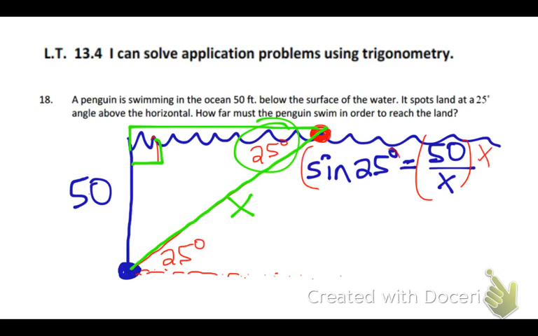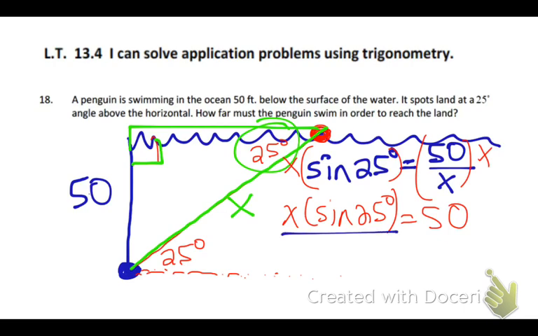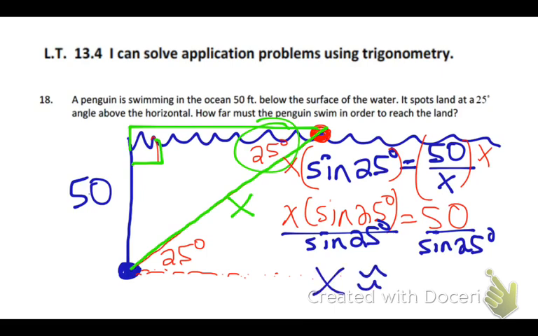So that's a two-stepper because the variable's on the bottom. So that's going to be 50 equals x times sine of 25. Solve for x. Divide by sine of 25. So x is about, let's see what it is, 50 divided by sine 25, 118.